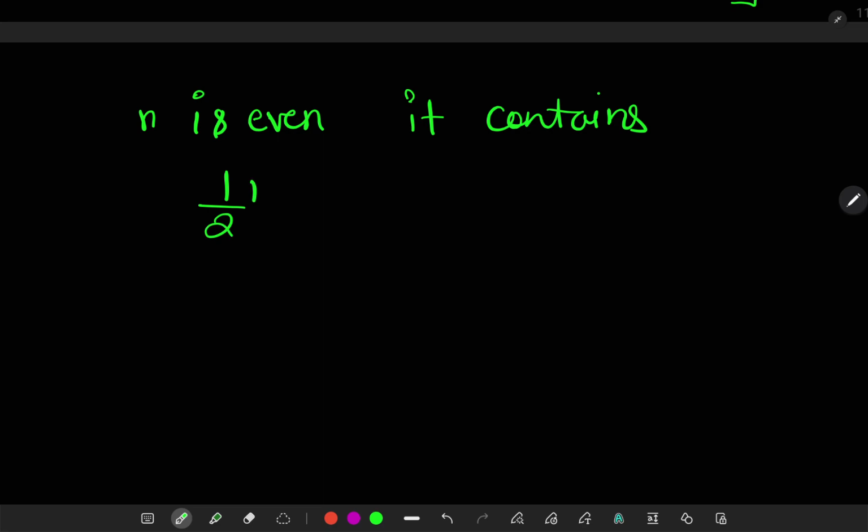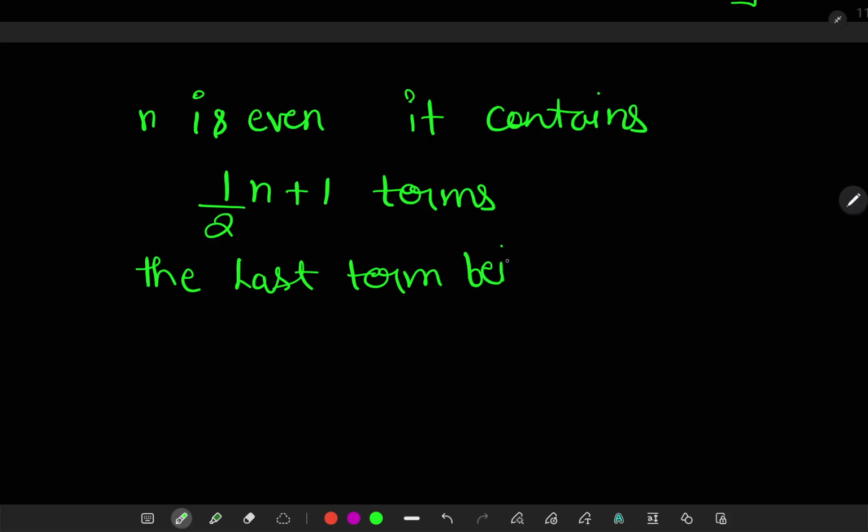Here, when n is even, it contains n by 2 plus 1 terms, the last term being this.